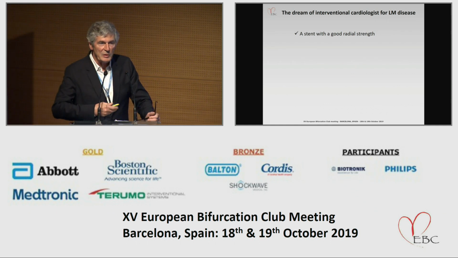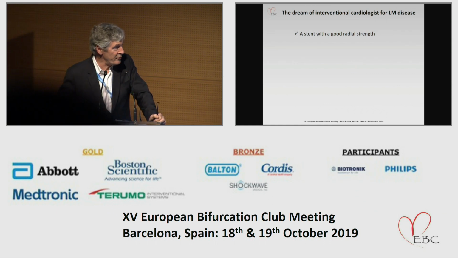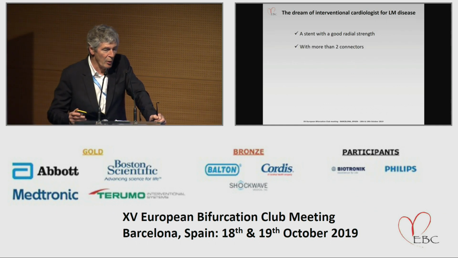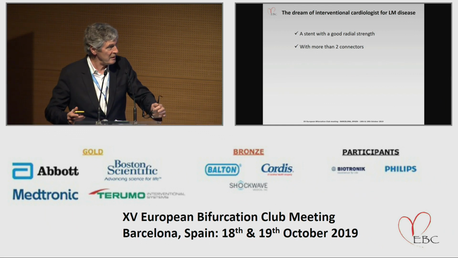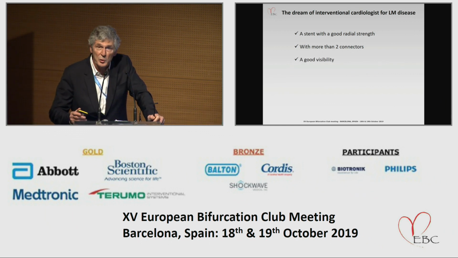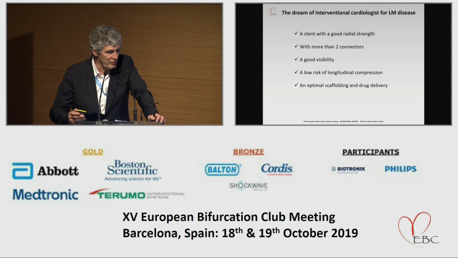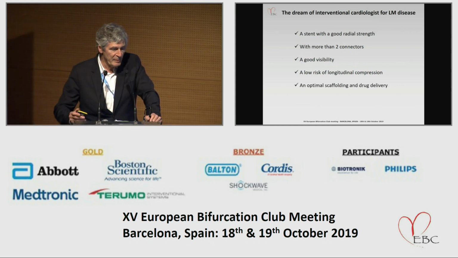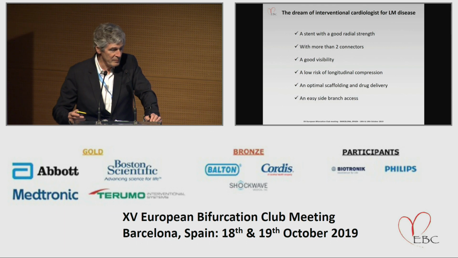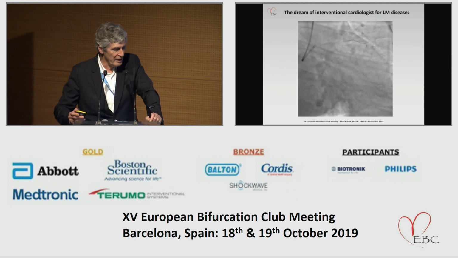So what we want is a stent with good radial strength, with more than 2 connectors in order to have something strong, with good visibility, a low risk of longitudinal compression, and we know from EXCEL that it's double the risk of MACE at 3 years follow-up, optimal scaffolding and drug delivery, and easy side branch access. So maybe this is what you are dreaming for.